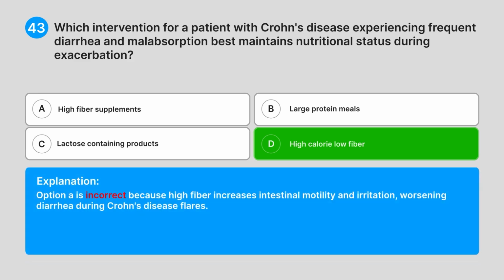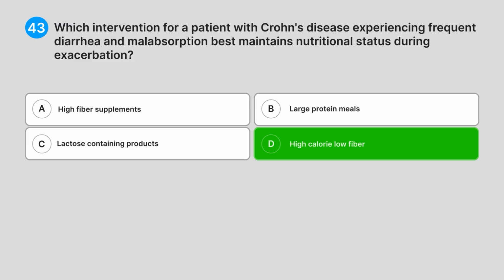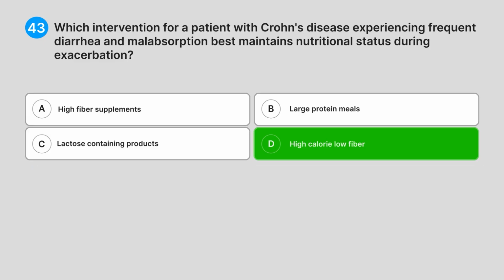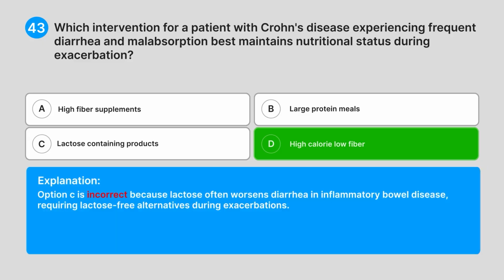Option A is incorrect because high fiber increases intestinal motility and irritation, worsening diarrhea during Crohn's disease flares. Option B is incorrect because large meals overwhelm the inflamed intestine when small, frequent meals are better tolerated nutritionally. Option C is incorrect because lactose often worsens diarrhea in inflammatory bowel disease, requiring lactose-free alternatives during exacerbations.